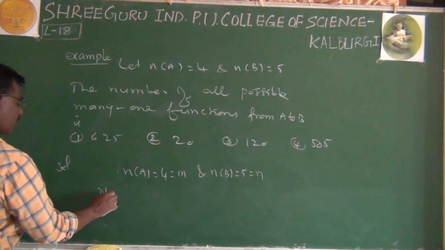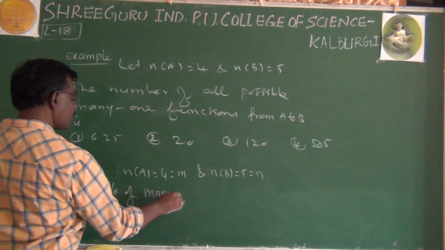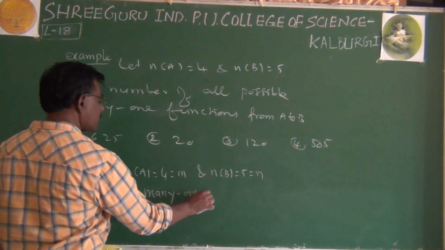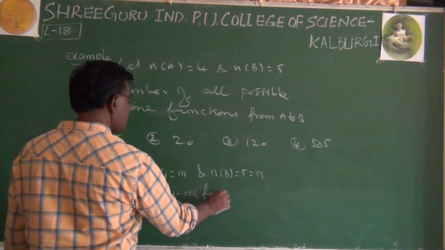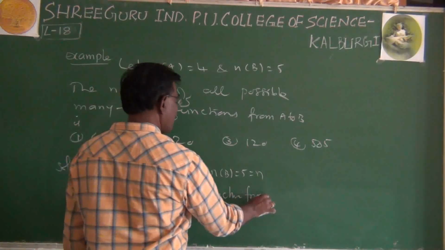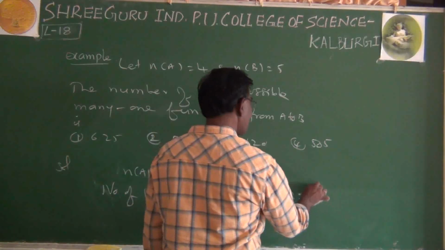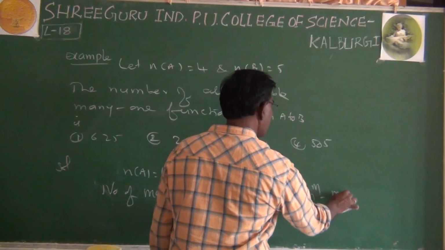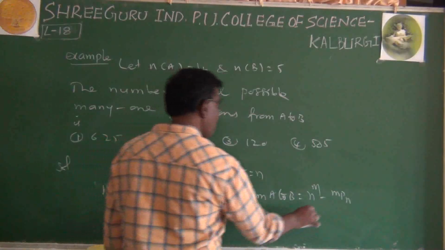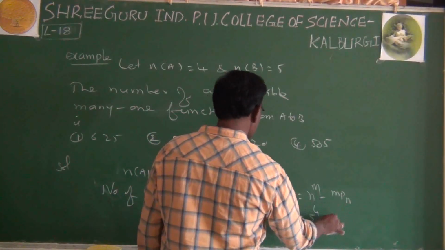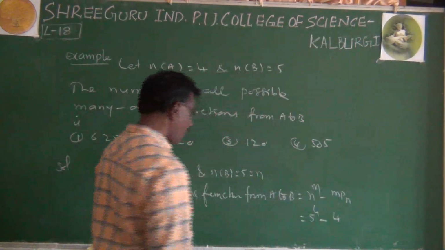The number of many-one functions from A to B equals n to the power m minus nPm. So 5 to the power 4 minus, what is m? 4.